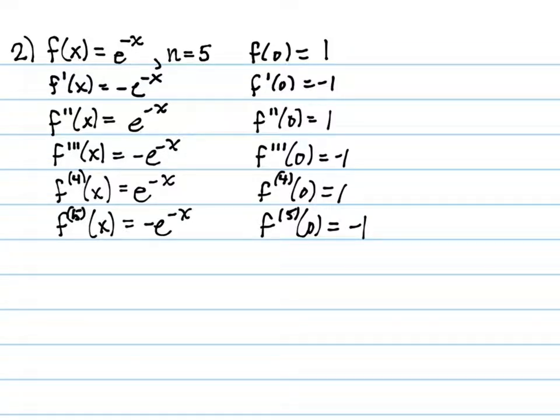Okay, is that what you got so far? Lots of ones and negative ones and derivatives that just keep flip-flopping all the way and they never end, of course. And if you created your polynomial for it, hopefully it looked something like this.